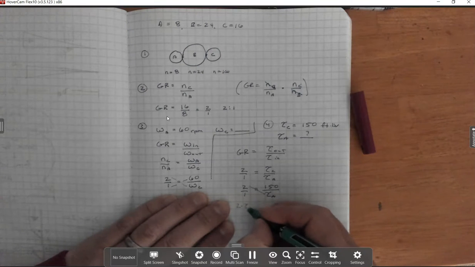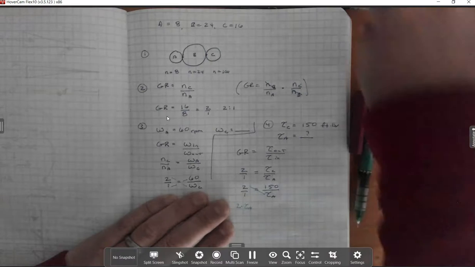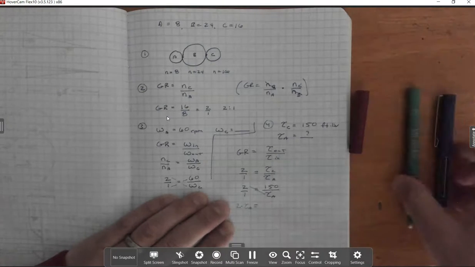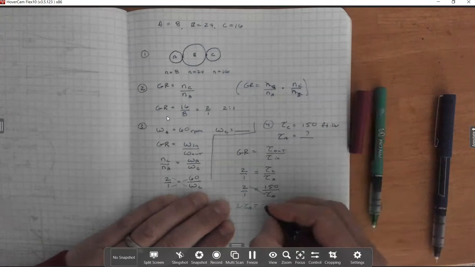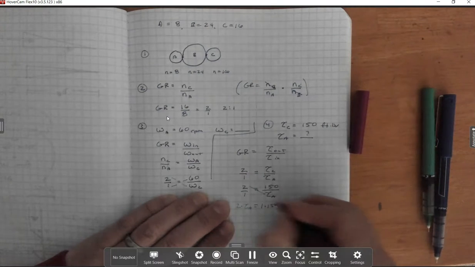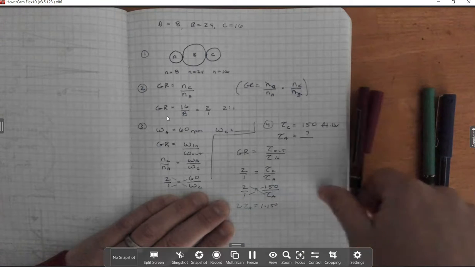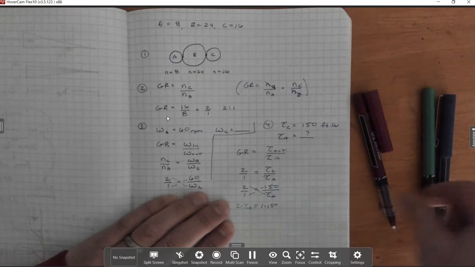So 2 times the torque at A is equal to 1 times 150, which is just 150.